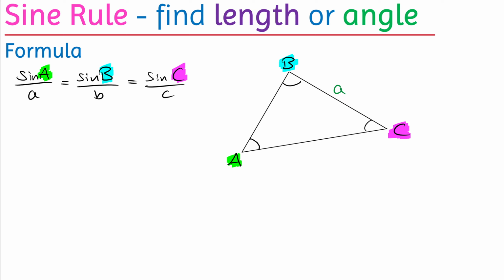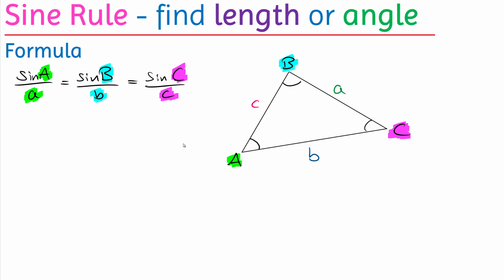So I'm going to do that one in green to match that pair up. Side b is opposite angle B. There it is. I'm going to color code that one. And side c is opposite angle C over here. And we use lowercase for the sides, and we use capital letters for the angles.